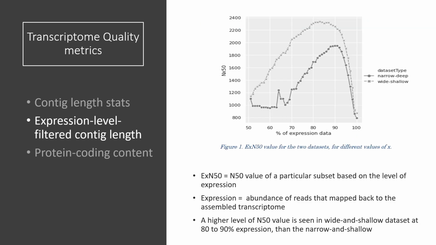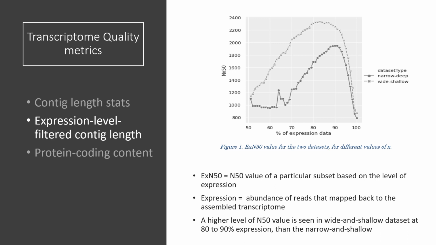But what is rather more interesting to show is the EXN50, which is the N50 value of a particular subset based on the level of expression. Expression here means the abundance of reads that map back to the assembled transcriptome. So higher expression means higher read support. And here we see a peak of N50 value at 80 to 90% level of expression.